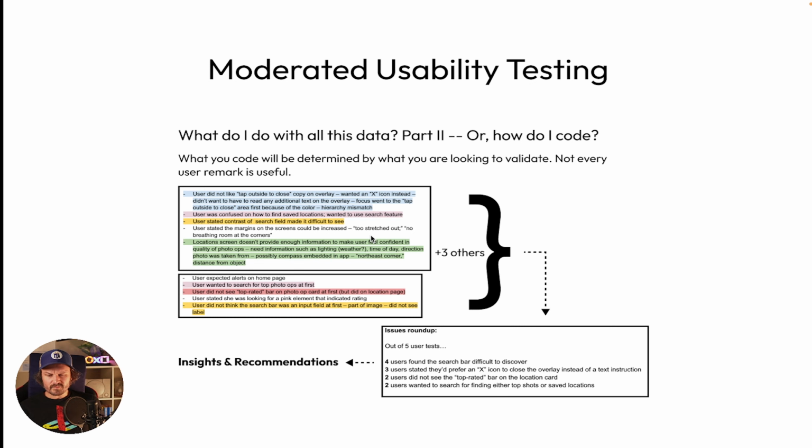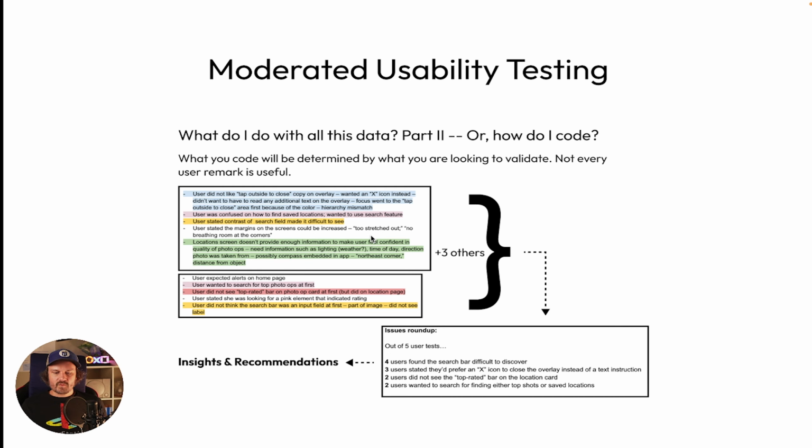I'll hit play on the recording, and I will create bullet points or pluses or minuses. Just as they speak, I'll write down, okay, user liked this, user didn't like that, said this was a problem, and then maybe a separate bullet point style for interesting insights or things that I didn't expect to see that were neither positive nor negative.